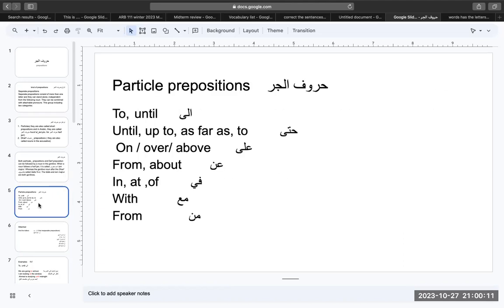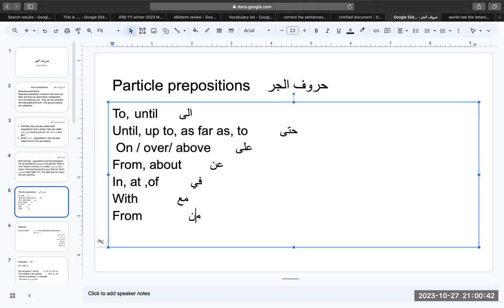Okay, شباب? Now, look at the particle prepositions. These are everywhere. There is no way you will read a small article or paragraph without seeing these particles. إلى, which means to or until. حتى, على, عن, في, مع, من.